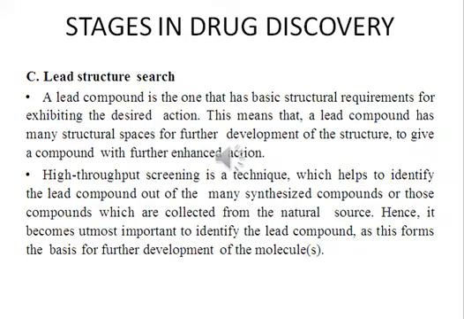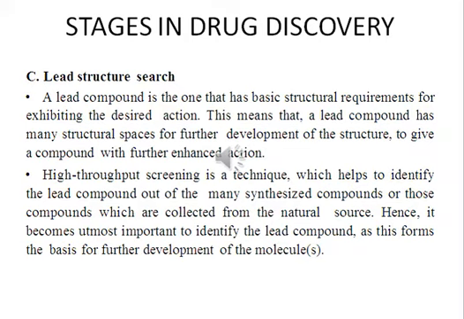Right? So what we do is improve the structure of the lead further to give it enhanced action. A lead compound is always a compound with the best activity, but best doesn't mean perfect. So we have a lead compound with the desired biological activity, and we improve that structure further.